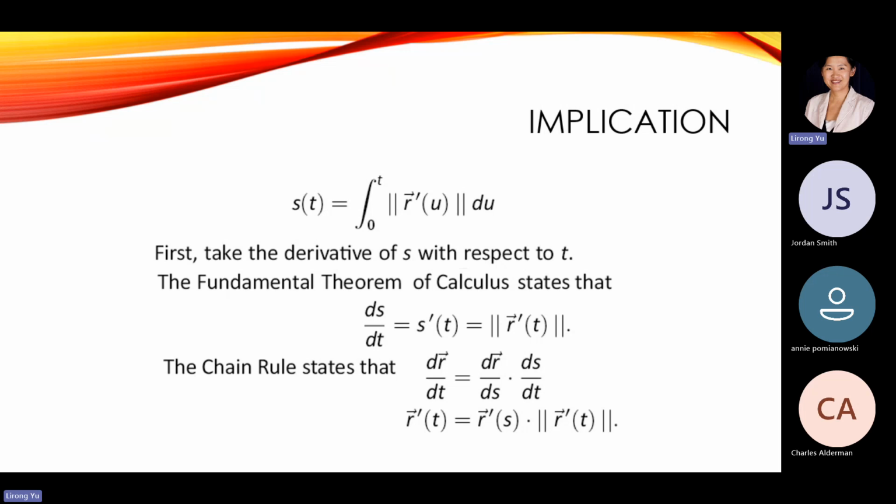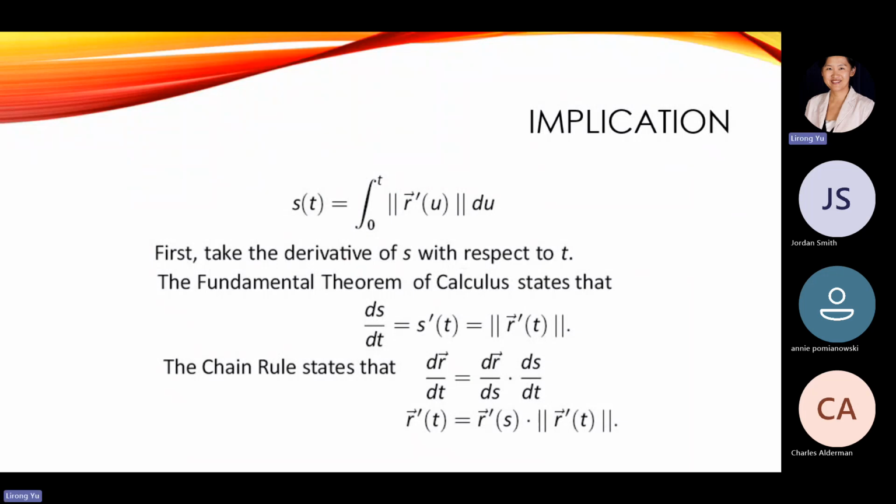Writing that into the differential notation is ds/dt equal to the magnitude of r prime, and therefore r prime will equal dr/ds times ds/dt. Because you see the ds/dt only represents the magnitude of r prime, and then dr/ds represents the direction of it. So that's the implication of it.